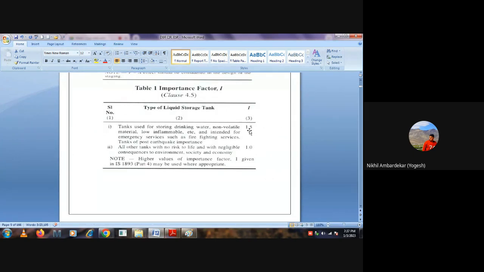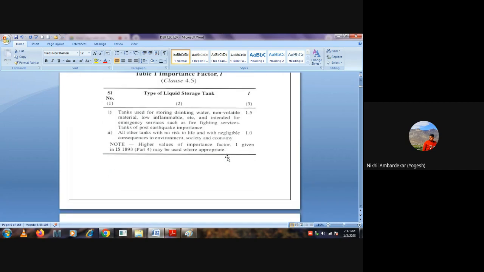So maybe such tanks can be considered as importance factor of 1. Okay, so based on that we are considering our tank comes under 1.5. All good?